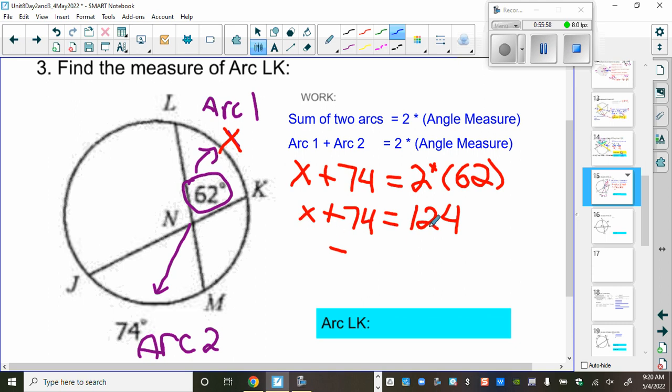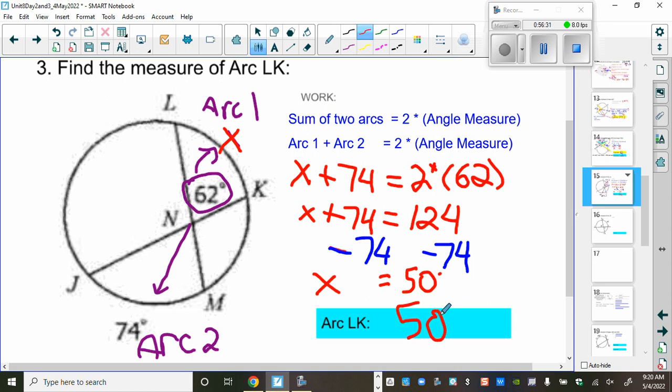If x plus 74 is 124, what's 124 minus 74? 50. There you go. X is 50.